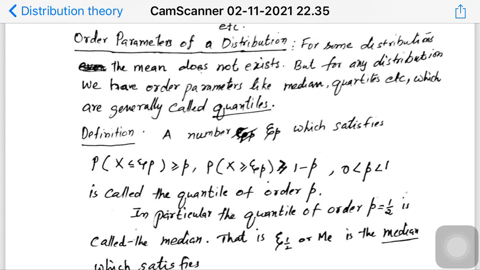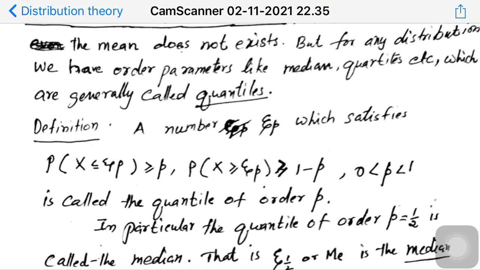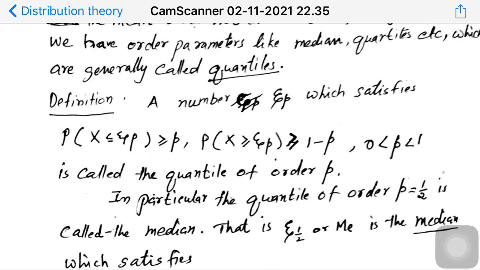We have the definition of a pth order quantile as psi p, which satisfies the condition that probability that X less than or equal to psi p is greater than or equal to p, and probability that X greater than or equal to psi p is greater than or equal to 1 minus p. And this p should lie between 0 and 1.